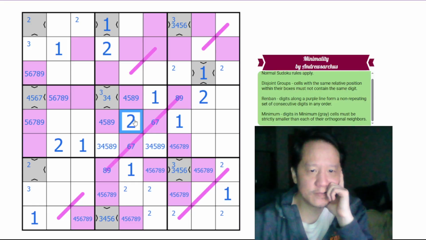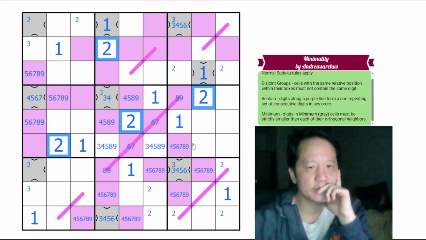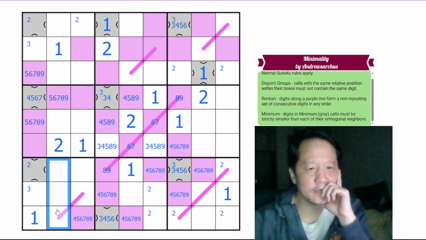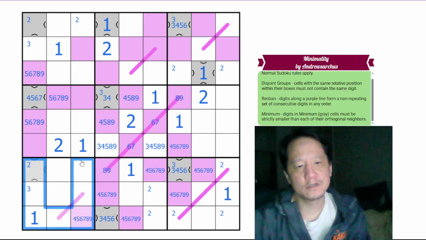Okay. Well, we have 2 here, which eliminates 2 in one of these two. Two cannot be here. So 2 in box 7 has to be one of these 3.